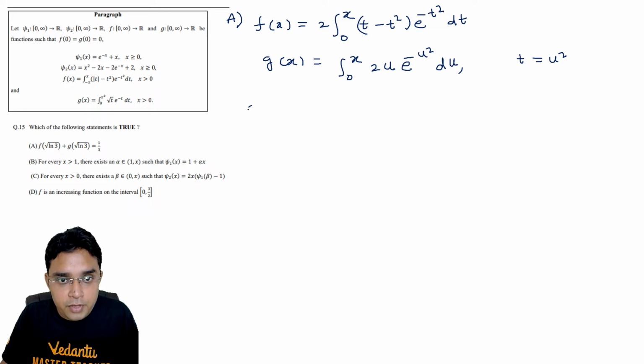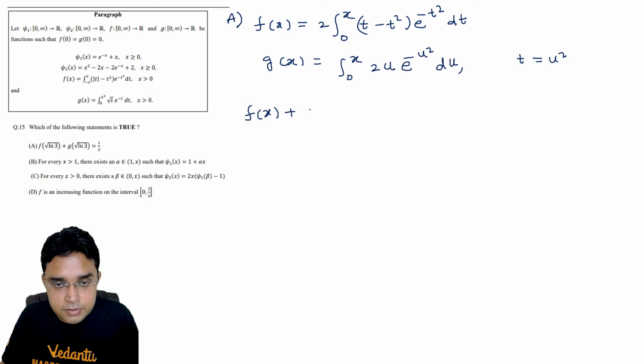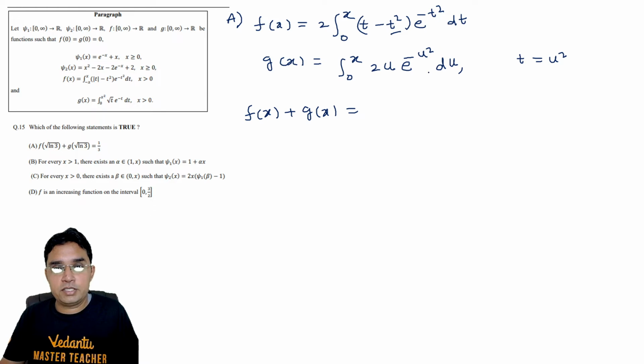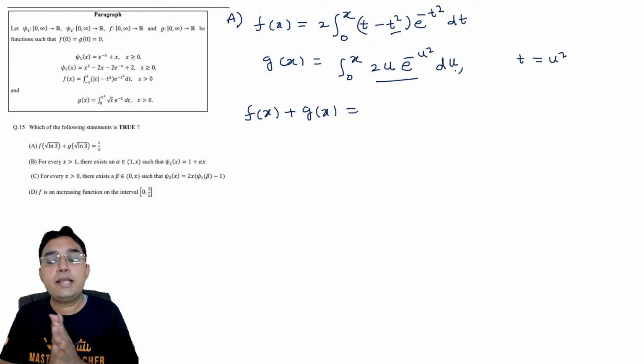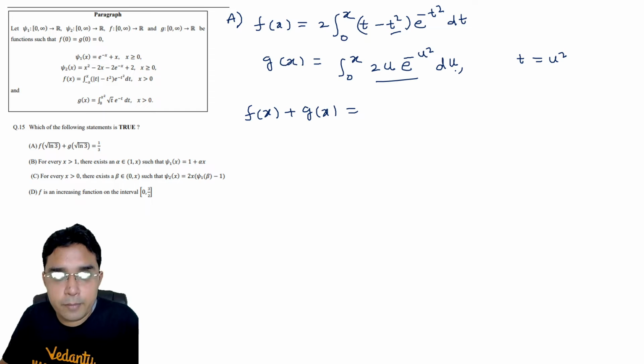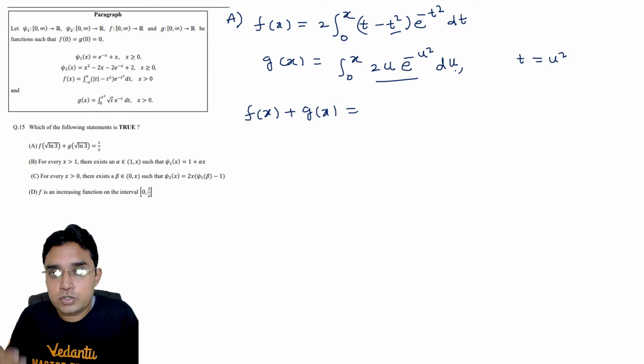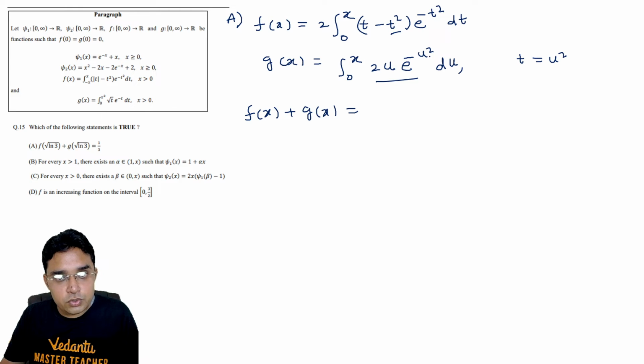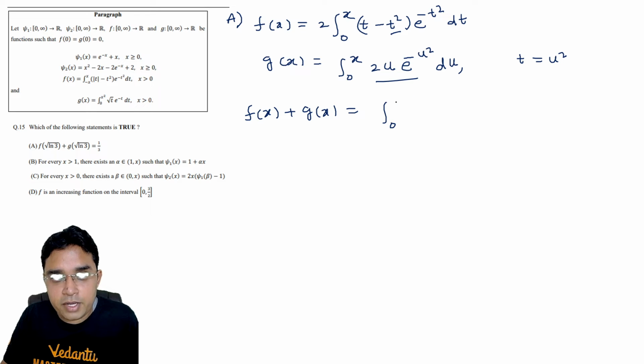And then if we add f of x and g of x, you can see this 2t square e power minus t square and 2u square e power minus u square will get cancelled, because we have a property in definite integration: we can change the variable keeping limits same, so it will not make any change. So these terms will get cancelled, and we will be having now integral 0 to x of 2t e power minus t square dt.